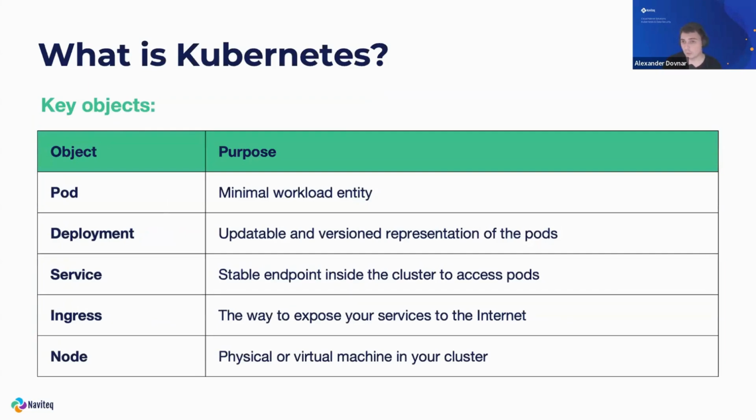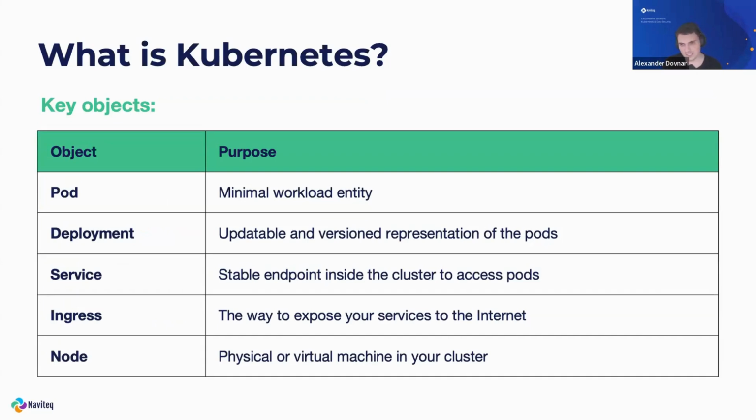So again, talking about Kubernetes, to be on the same page, what do we have in Kubernetes? Pods are the minimal entity which represents one or more containers which can be scheduled anywhere. Deployments manage pods and make them updatable and versioned.